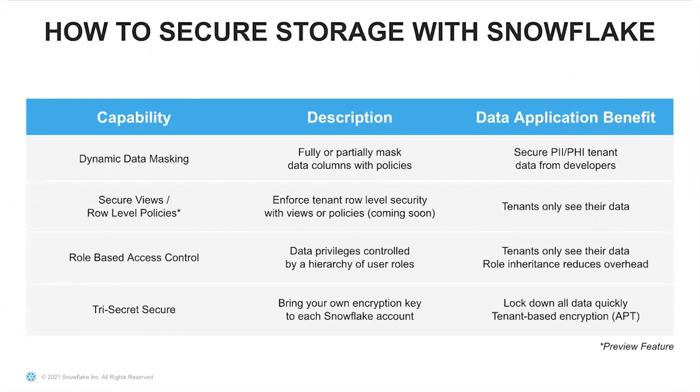And from a role-based access control, I mentioned this before, this is where you can put fine-grained control over who can see what objects in the system, including compute. And creating a good hierarchy of those privileges is a good thing to do in your role-based access control design. And then lastly, our Tri-Secret Secure feature allows you to have more control over the encryption keys that are used to encrypt the data in Snowflake so that you can very easily pull the plug on access to data in a pinch if you need to.